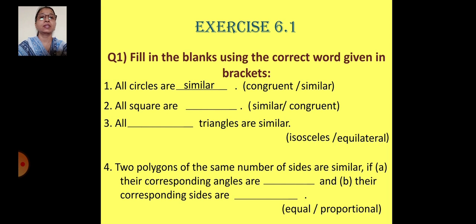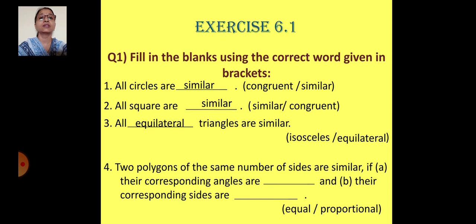Now the second fill in the blanks. All squares are dash. So what is the answer? All squares are similar, whatever may be the length of their side. Third one, all dash triangles are similar. The answer is all equilateral triangles are similar.